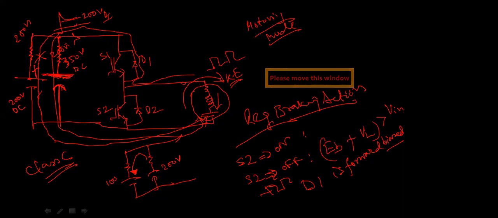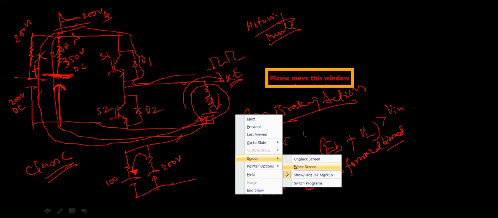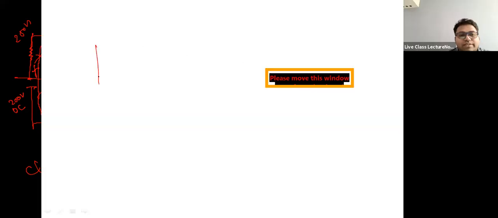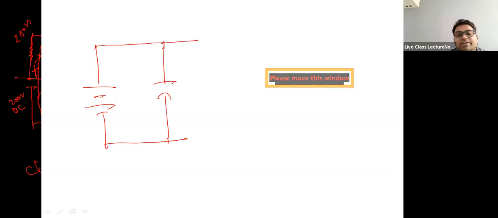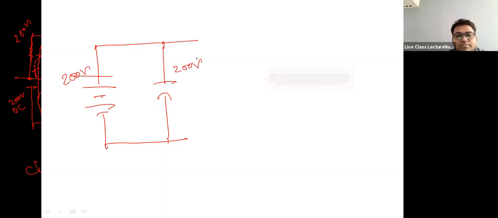Sir, that capacitor is having 350 volts or 200 volts. How do you know it is always going to have a higher voltage than the battery? First tell me, out of the battery and the capacitor, who is going to accept the charges fast? First of all, if they are connected in parallel, and this is 200 volts, this will be 200 volts too, under normal conditions.